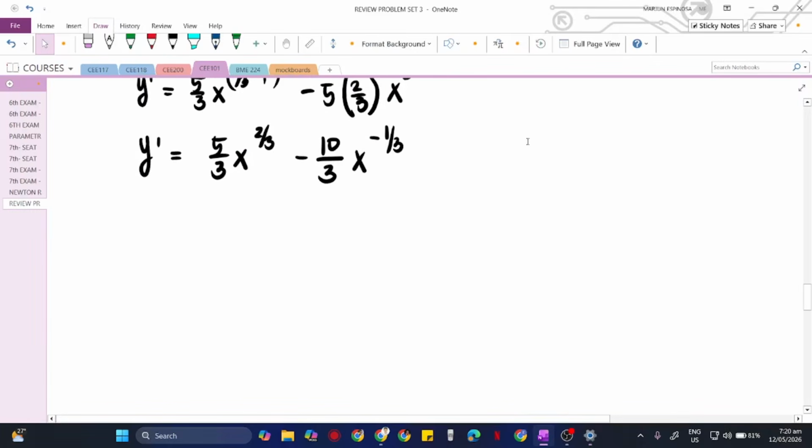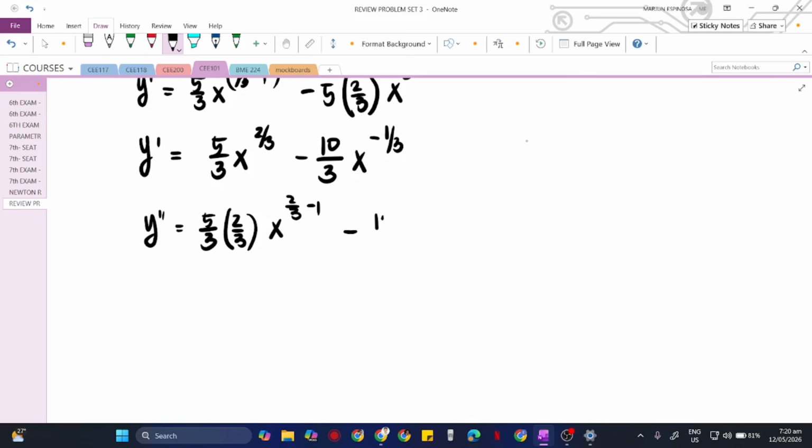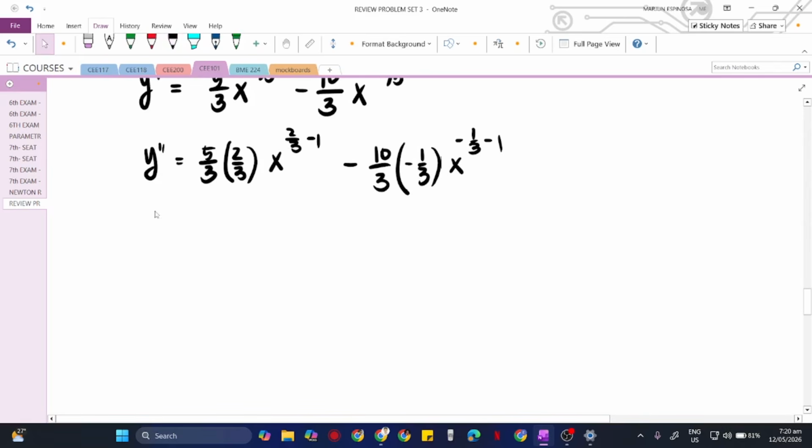Okay? Then, for the second derivative, 5/3, you bring down 2/3, and then we have here x to the 2/3 minus 1, minus 10/3, you bring down negative 1/3, and then we have here x to the negative 1/3 minus 1. Okay? So, that is our second derivative.